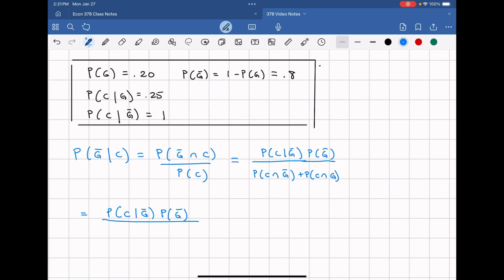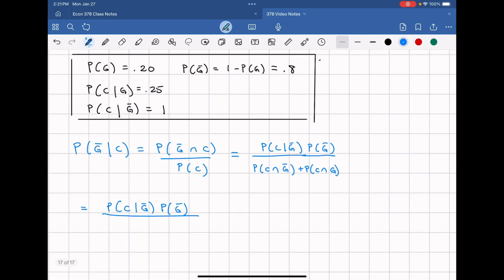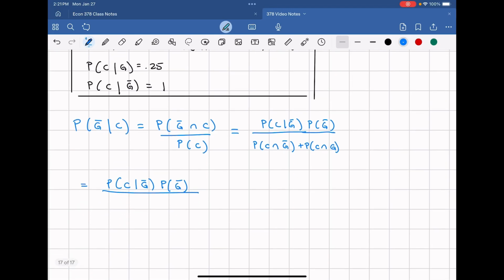And now for this denominator, we can apply Bayes' law to say this term right here we can write as the probability that you got it correct, conditional on not guessing, times the probability that you didn't guess. So that is just the application of Bayes' law.